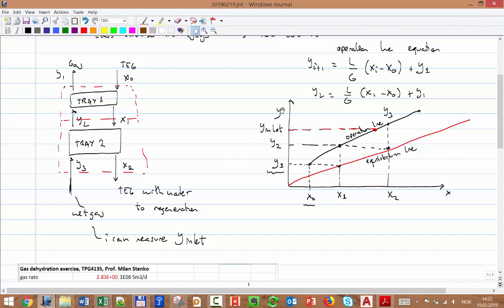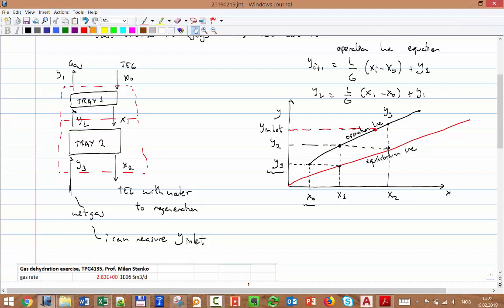That's what comes from the separator. So if I reach higher than that after 2 trays, to achieve this purity that I desire, the inlet to the second tray is higher than what I actually have. That means that I managed to do it with 2 trays.